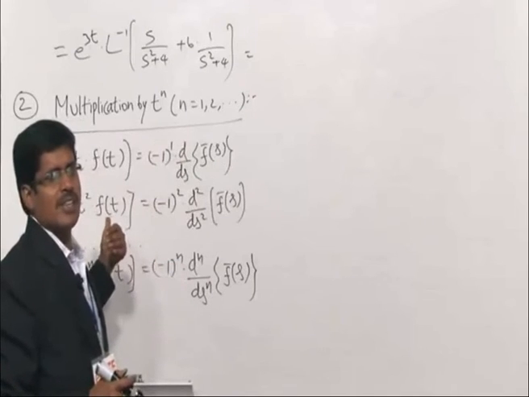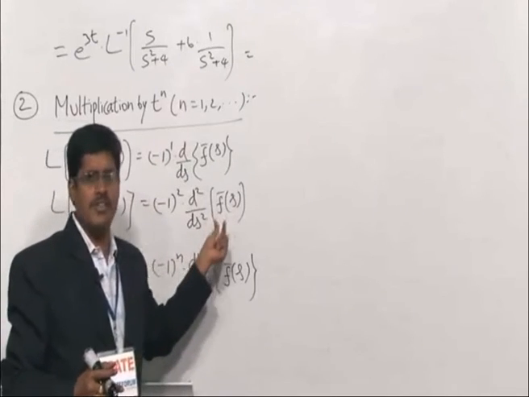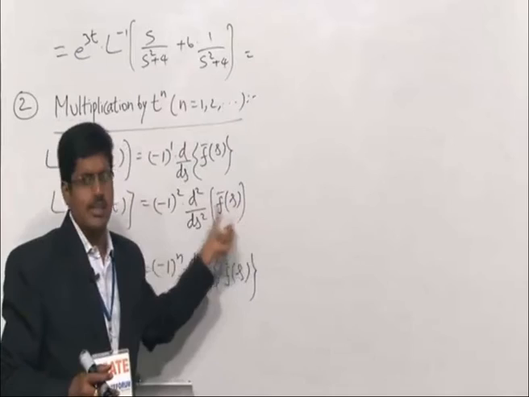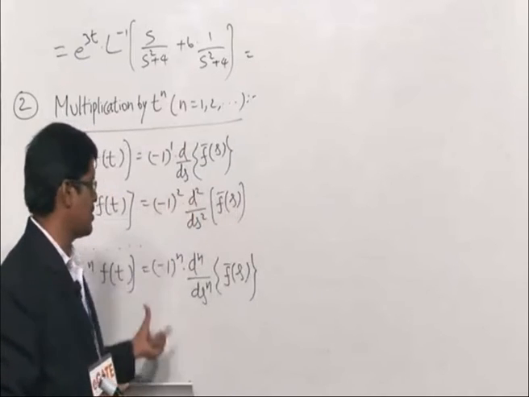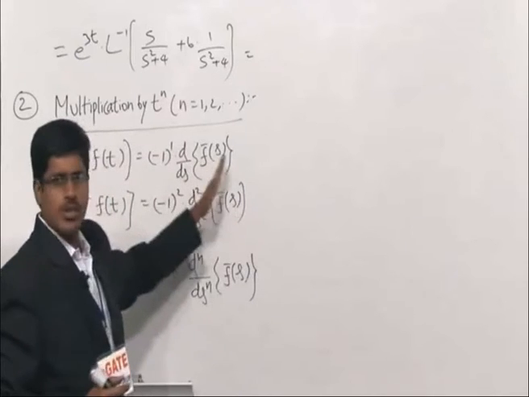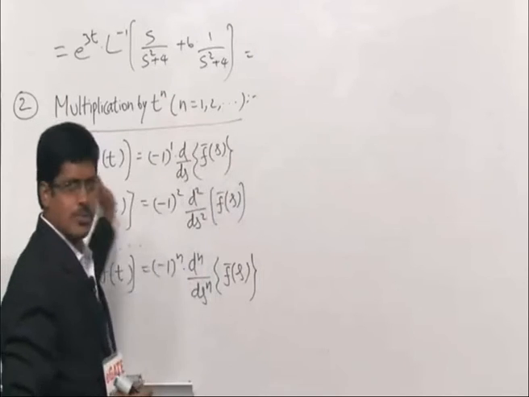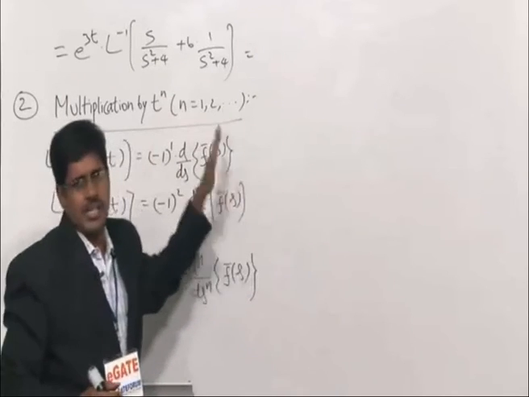If 2 times of t, that is t square multiplying, then 2 times derivative with respect to s of f bar s, pre-multiplying by minus 1 whole square. Just writing in reverse order, L is going to that side, L inverse, and then bring the remaining terms to this side. That is called the inverse Laplace transform property.